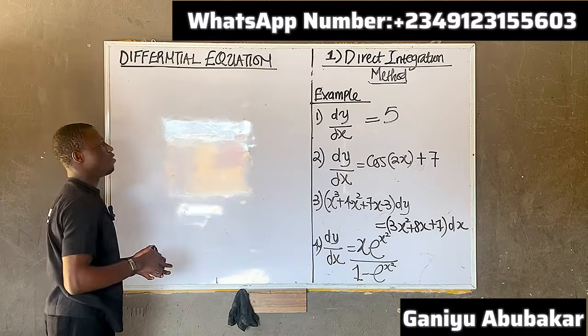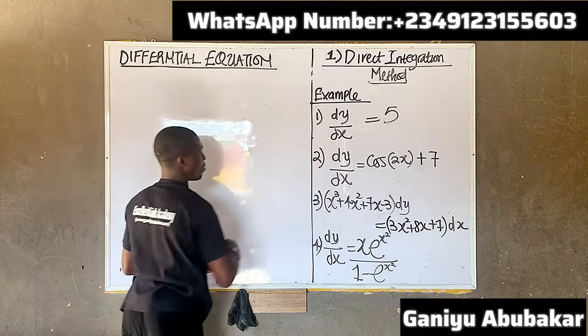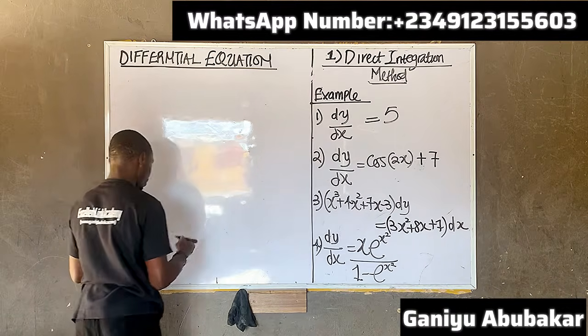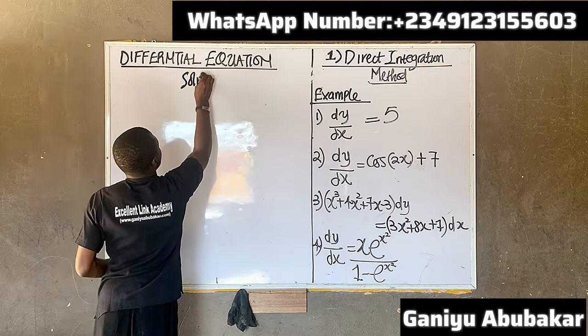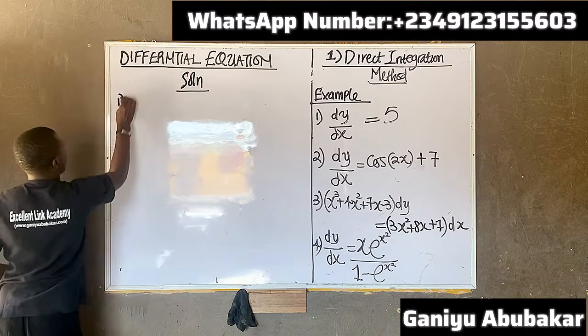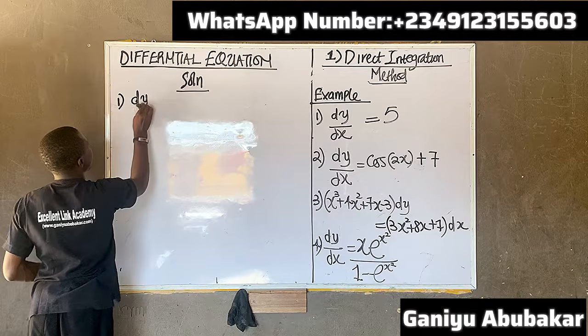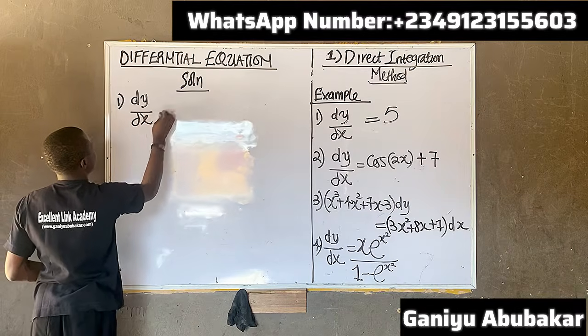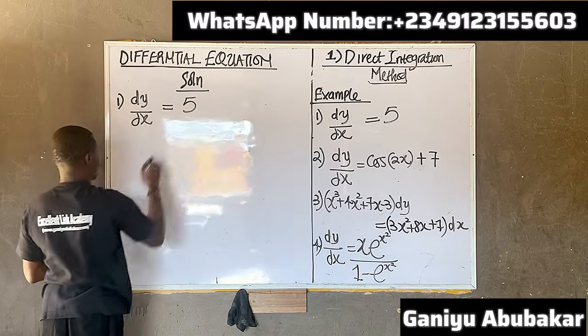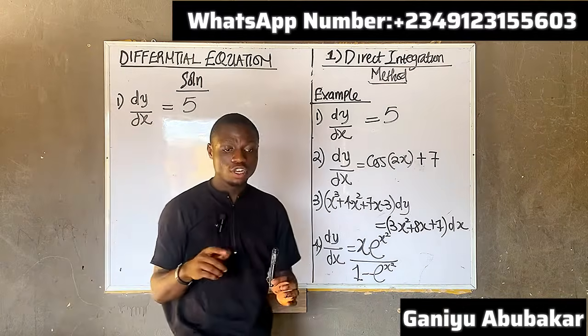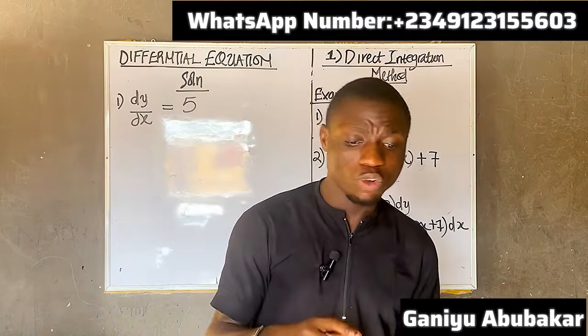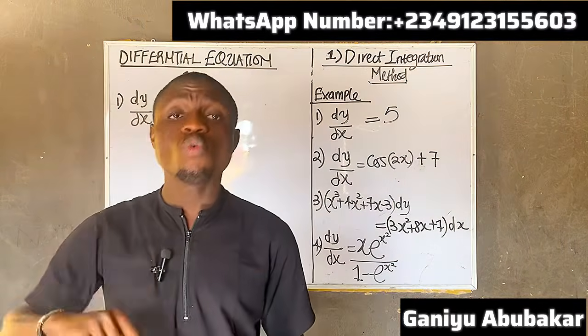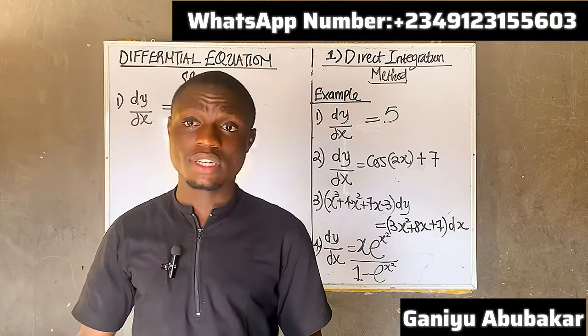Number 1 says evaluate this differential equation. So, solution. Number 1 says I have dy over dx equal to 5. First things first, whenever you have any question under differential equations, ask yourself which method will work for this.